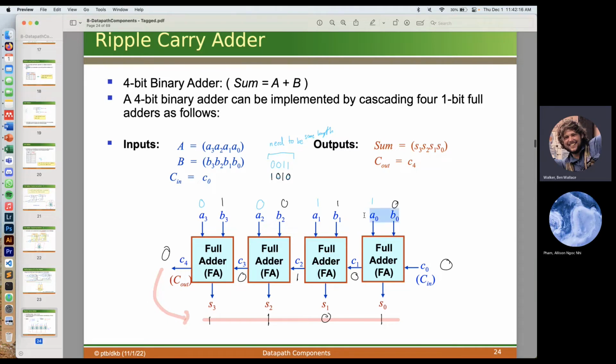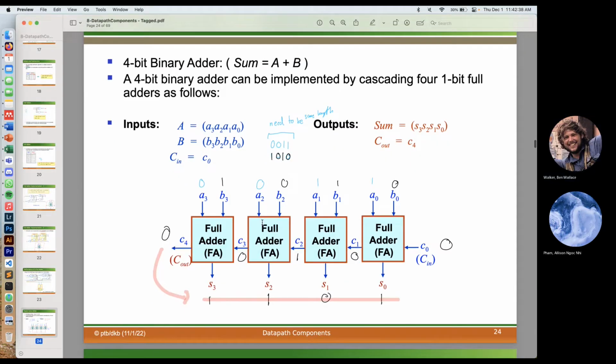So the A naught and B naught operation has to occur first, and then the second full adder computation can occur. And these carryovers are basically exactly what happens when you do rote arithmetic by hand, where if you have something that's greater than can be represented for that binary digit, you end up having to add it to the next digit.